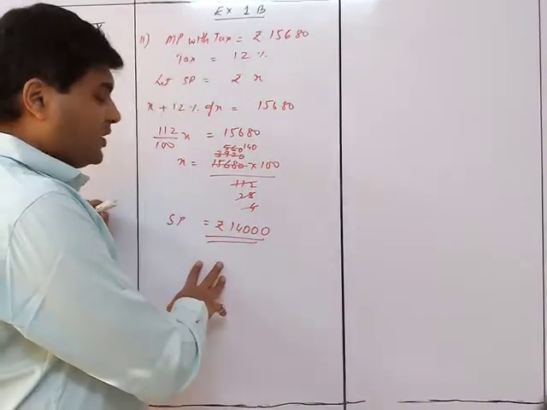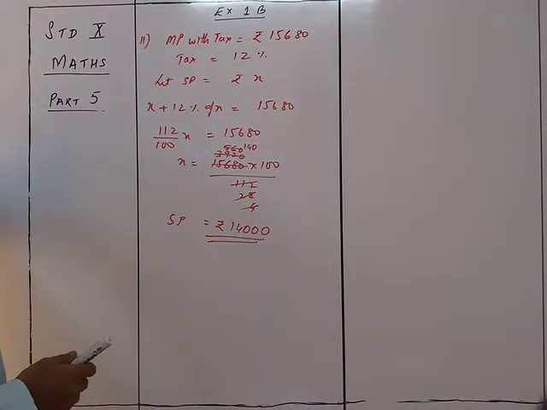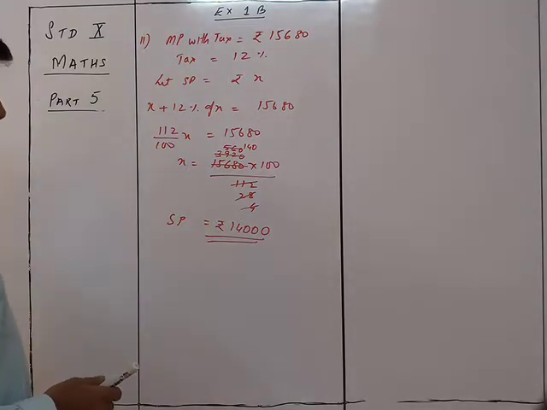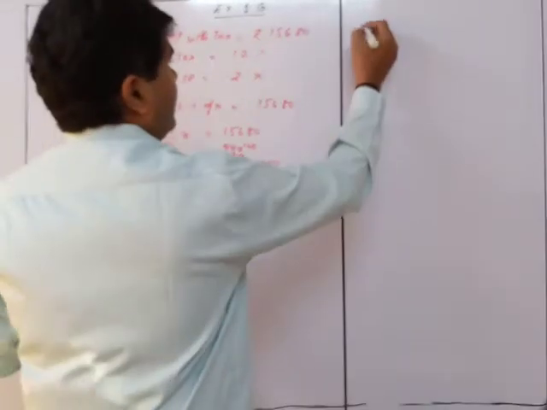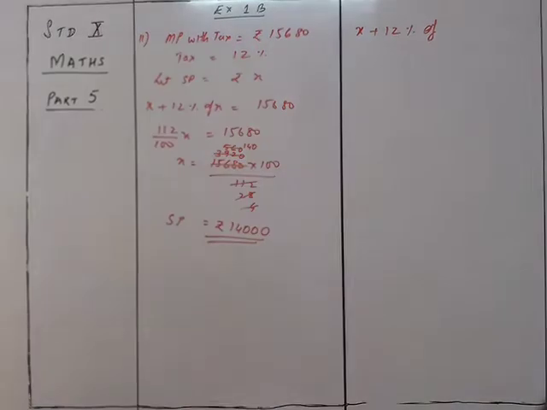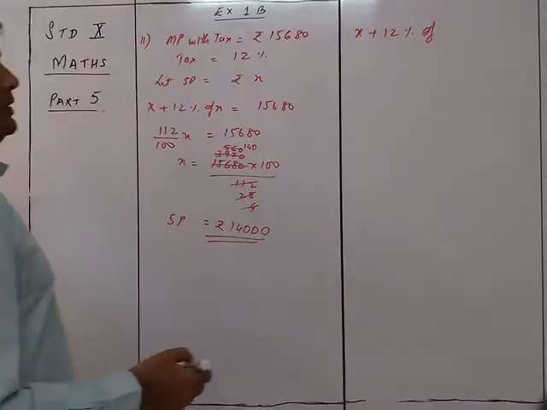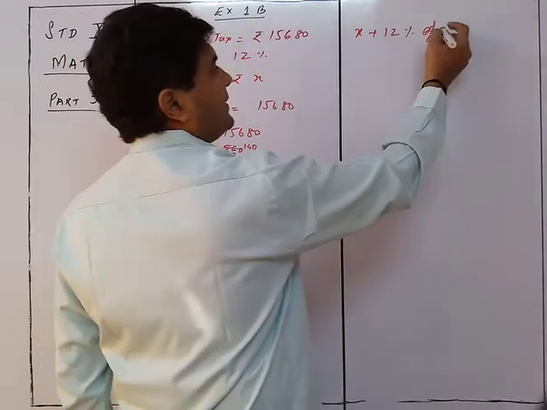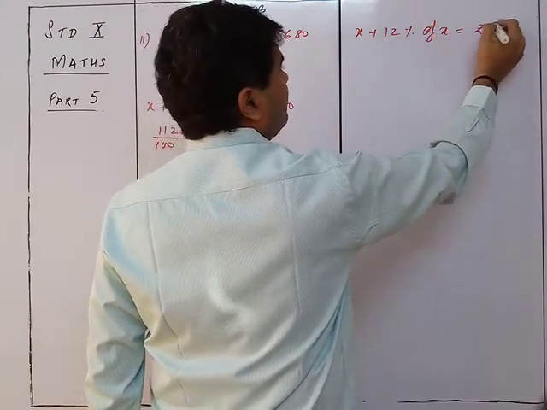Now this 14,000, basically we need to see that you need to sell it at 14,000, right? So what the dealer wants is that X plus 12% of X should be equal to rupees 14,000.